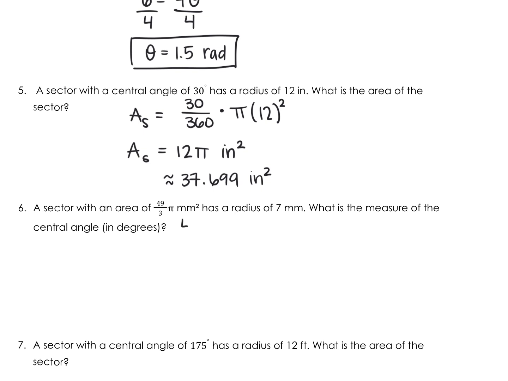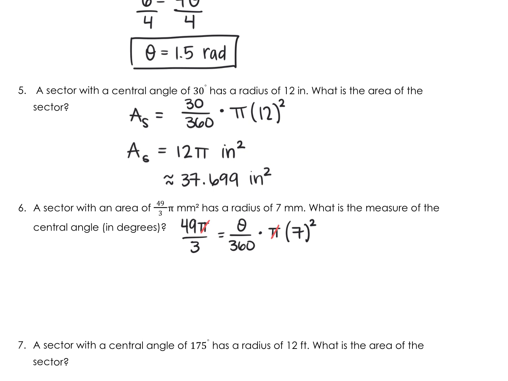So we know the area, 49 pi over 3, has to equal theta over 360 times pi times the radius 7 squared. So one of the benefits to leaving the area of your sector in terms of pi is that if I need to solve for something, the first step that I'm actually going to do here is to get rid of those pi's because they're going to cancel.